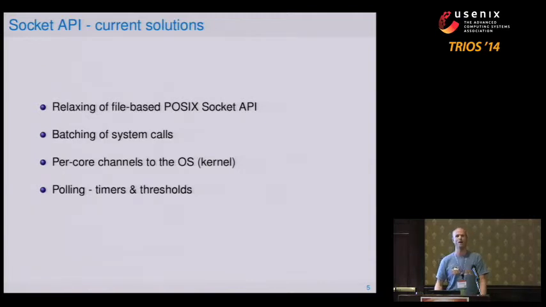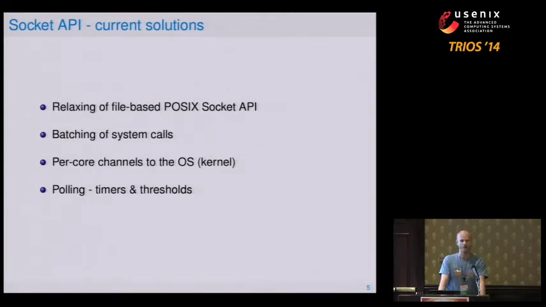We can also batch the system calls together, which amortizes the cost of the system call, but for that we effectively need multi-threaded applications, so we have something to batch. These new APIs also need some non-standard way of talking between the application and the operating system kernel.